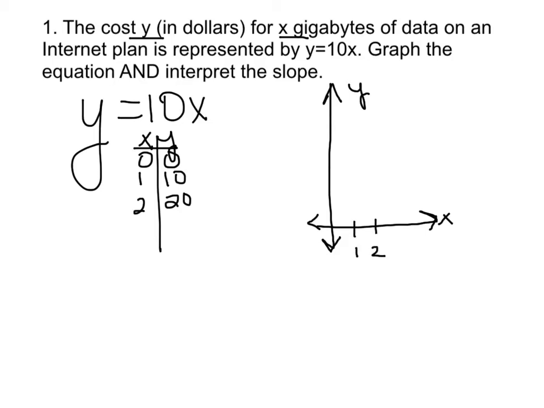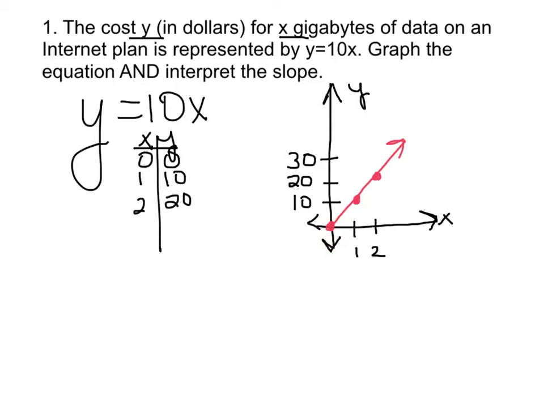My y-axis I'm going to count by tens, 10, 20, 30. So if I graph this, 0, 0, 1, 10, 2, 20. This is a line. However, I do not draw an arrow down here because I cannot have negative gigabytes or negative dollars.